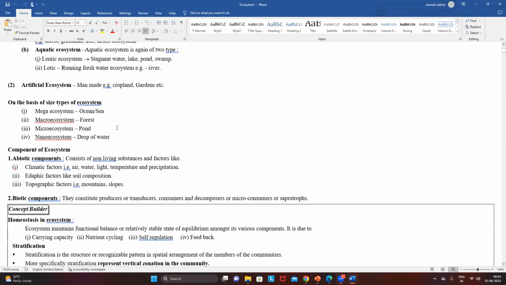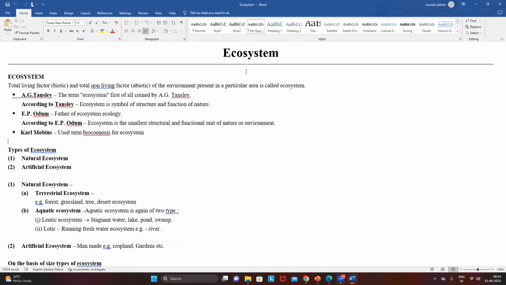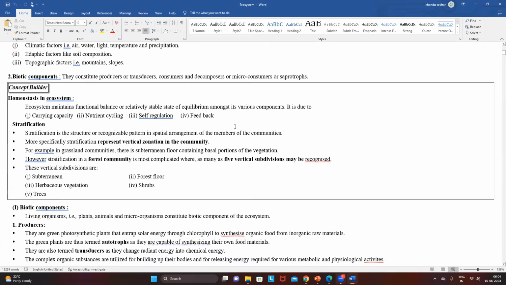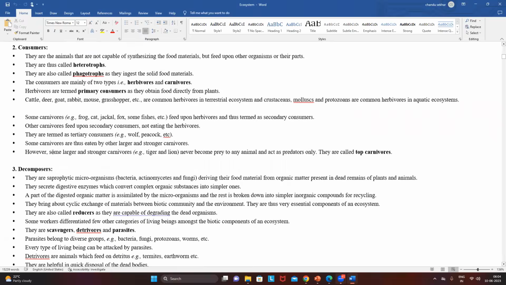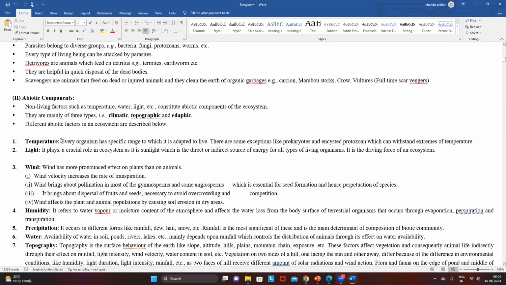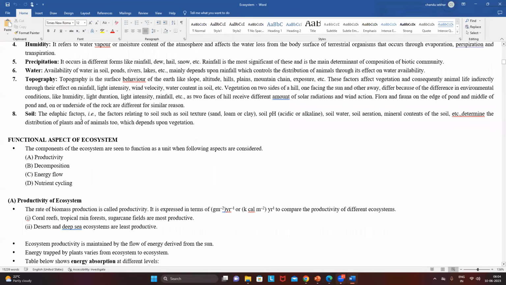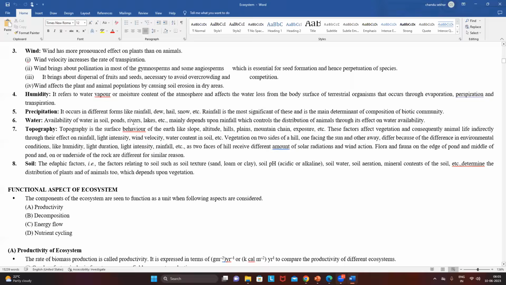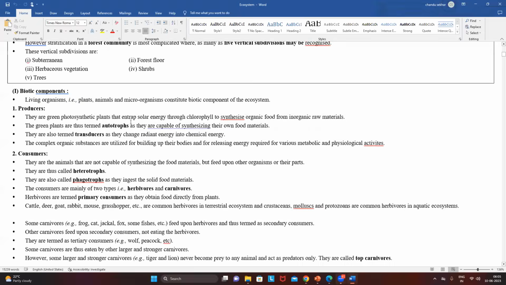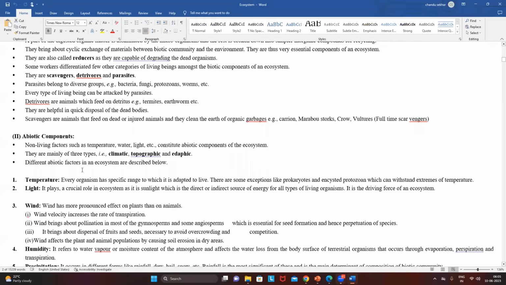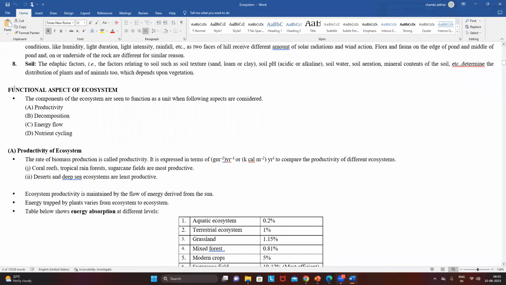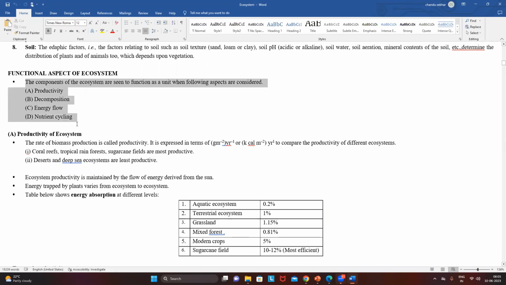Then, when you start reading the ecology chapter, how should you read it? First of all, students have to read what the biotic components are, with their examples, and what the abiotic components are, with their examples. The ecosystem is made up of biotic and abiotic components, which I have explained very briefly in the lesson. You have to read the functions of the ecosystem.